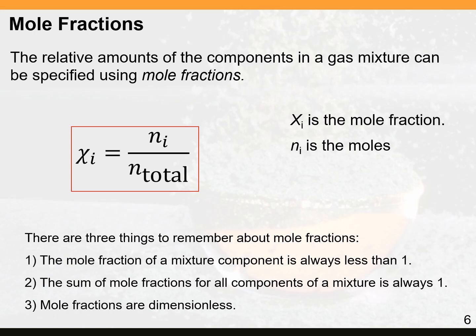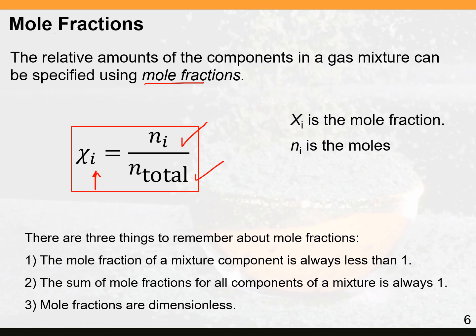The composition, or the relative amounts of the components in a mixture, can be given using mole fractions. Mole fractions are just mole ratios. For a component i of the mixture, the mole fraction, capital X_i, is equal to the number of moles of the component divided by the total number of moles.